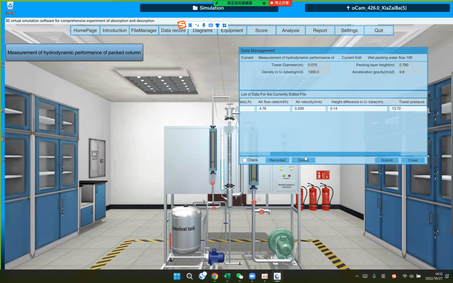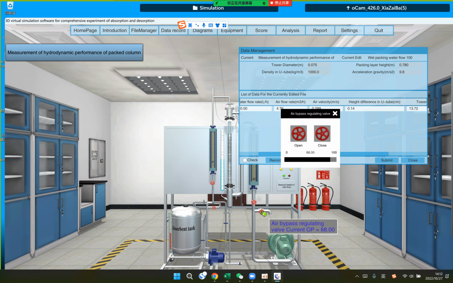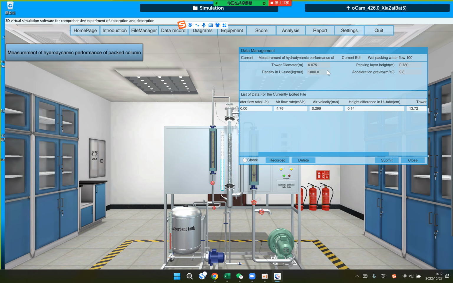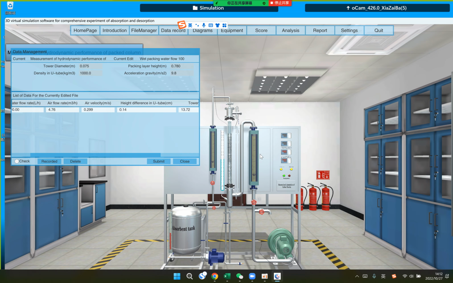And then we continue to decrease the bypass. Maybe at this stage there is mass transfer between air and water, because the air goes from bottom to top and the water moves downward.